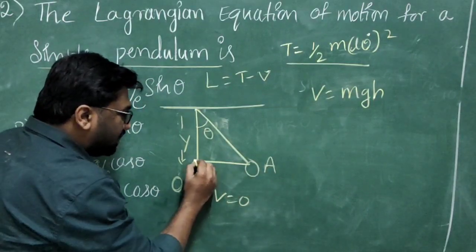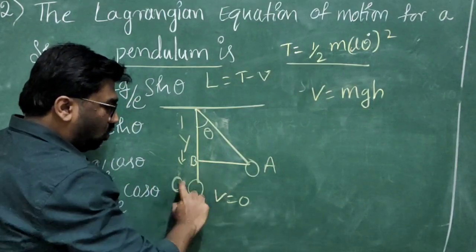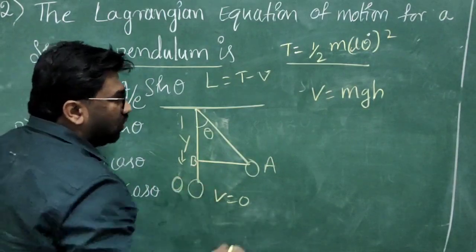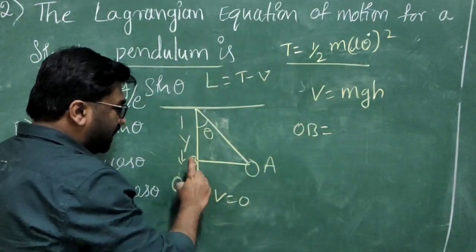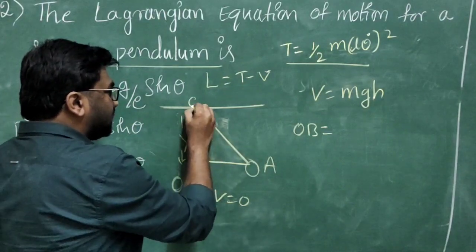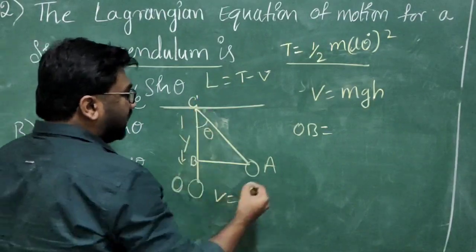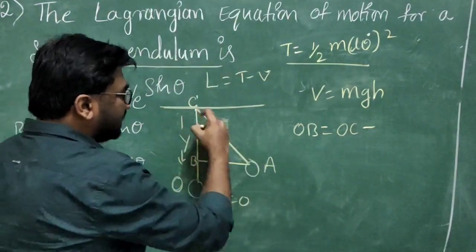Then this distance is B. We should calculate this distance OB. We know that this OB is equal to OC, for example, let us consider this is C, minus BC.